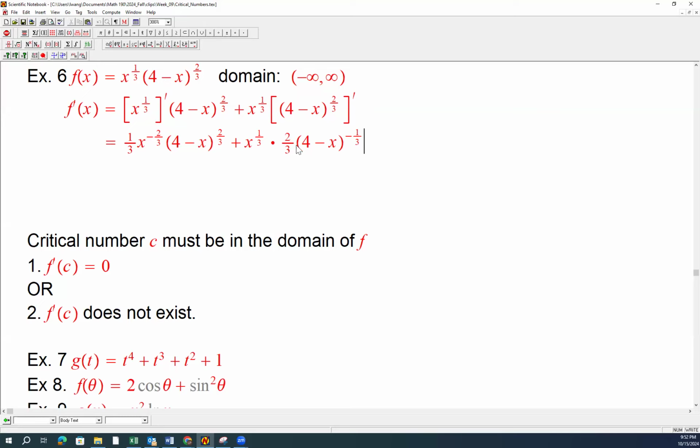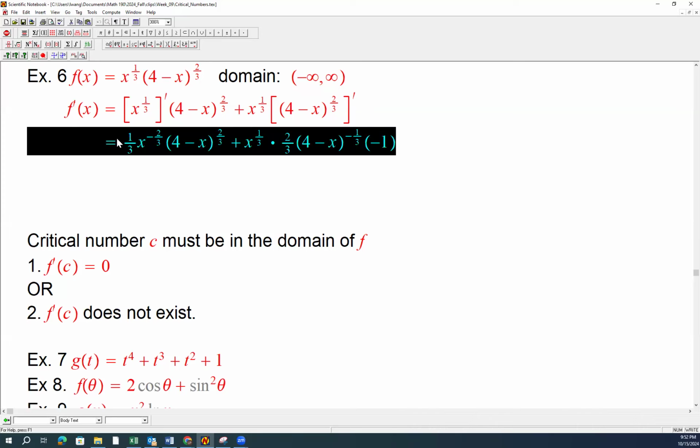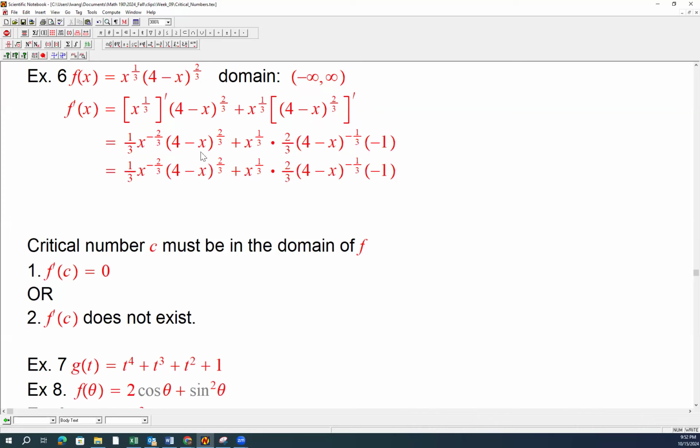And we also have to differentiate 4 minus x. That will give us a -1. Don't forget that. Chain rule by this time.